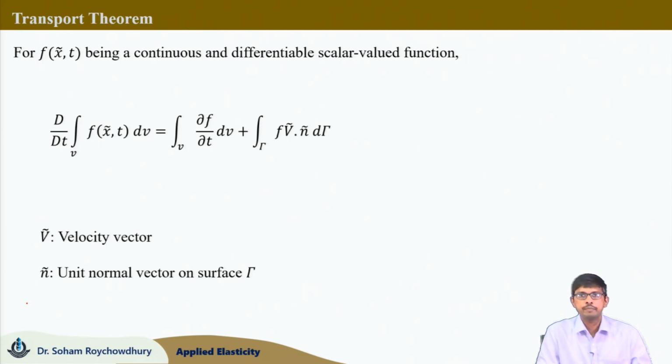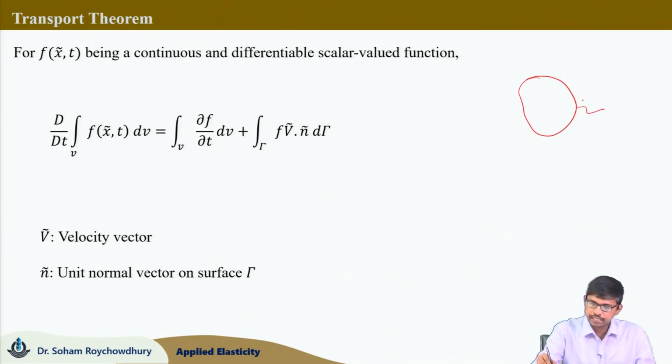This is the statement of the transport theorem, where v is the velocity vector and n is the unit normal vector on the boundary surface capital gamma. So we are considering a body defined by this v, and the boundary surface is gamma.